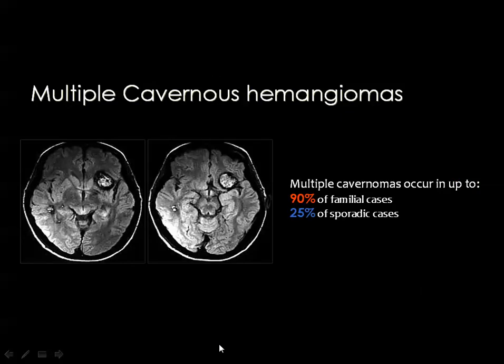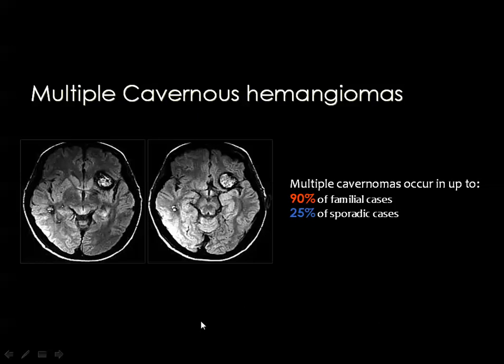And cavernomas may occur in multiplicity, in 90% of cases in familial patients and 25% of cases in the sporadic cases. And MRI is better than CT in detection of small cavernomas.